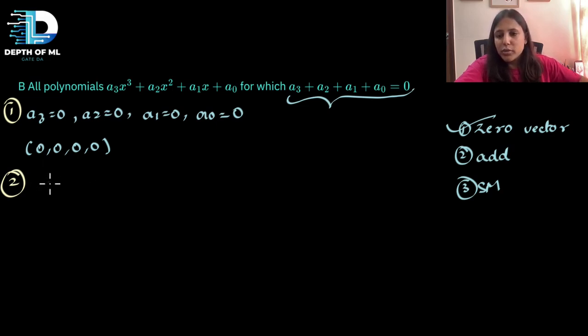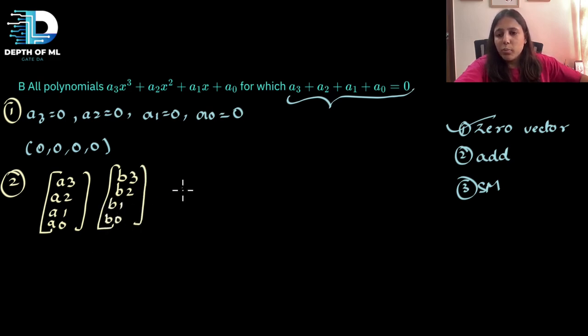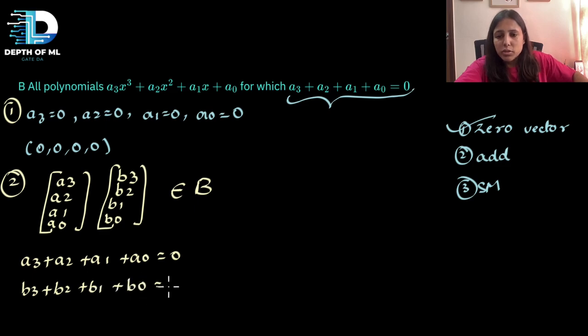For that, I'll assume two vectors. Let me say A3, A2, A1, A0, and B3, B2, B1 and B0. I am saying that they both belong to the space B. I'm calling this set B. So if they belong to B, then A3 plus A2 plus A1 plus A0 equals 0, and B3 plus B2 plus B1 plus B0 equals 0, right?